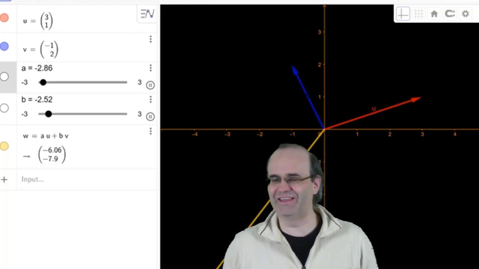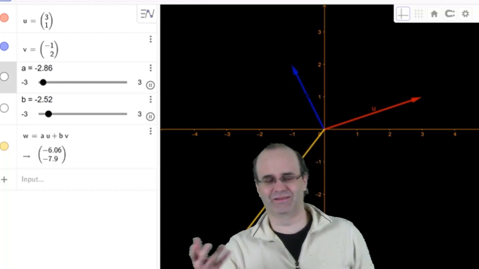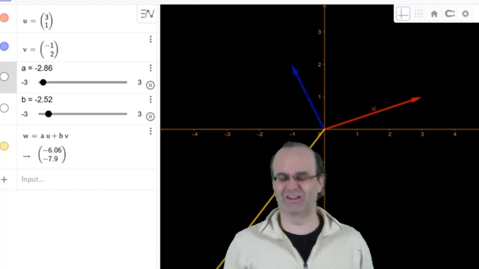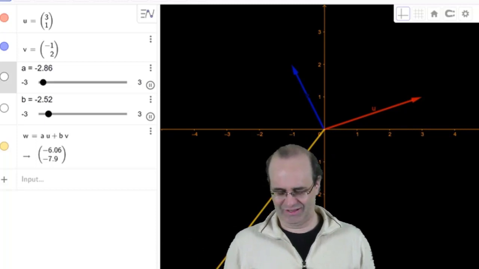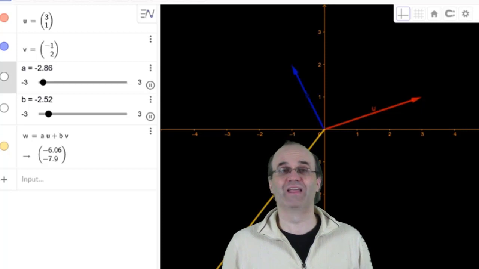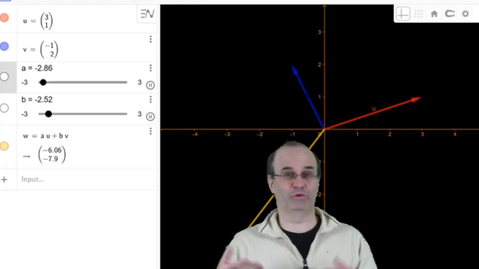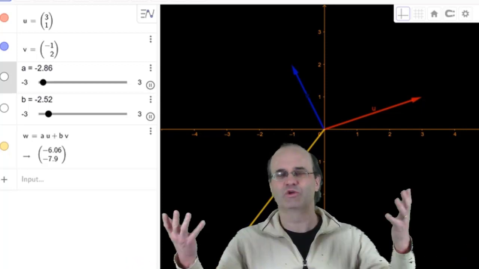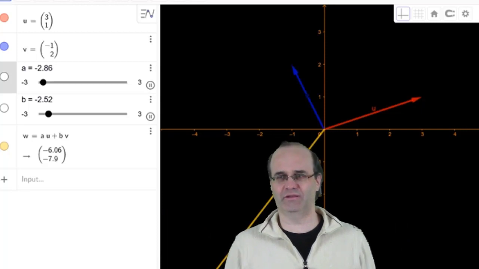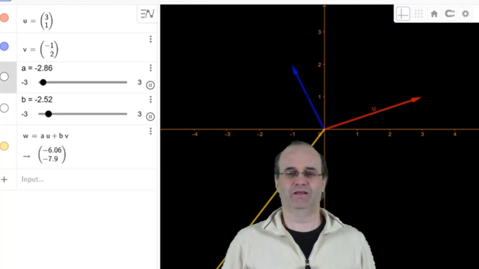We can only illustrate things in R2 and in R3. So this was an occasion to show you a little animation. But in linear algebra, we want to work in Rn for any n. So when n is bigger than 3, then at least we've got algebra to help us understand things.